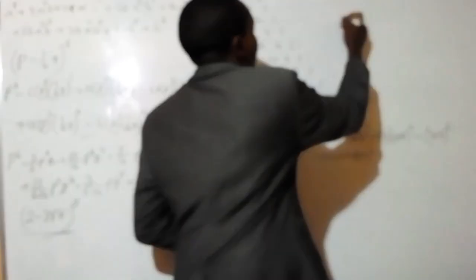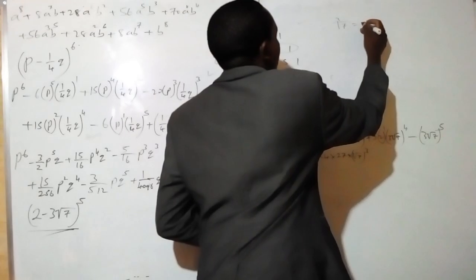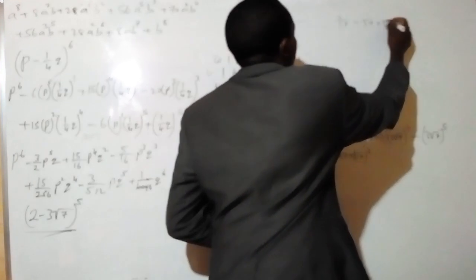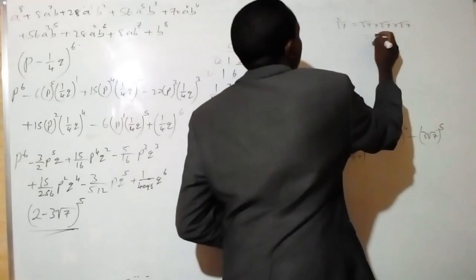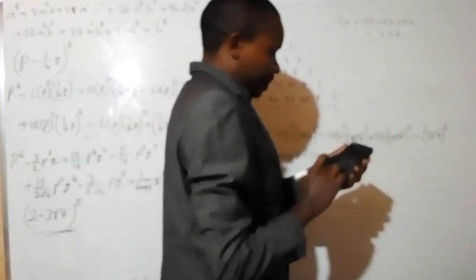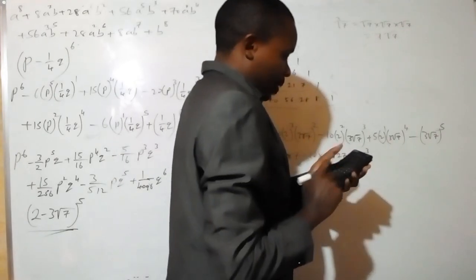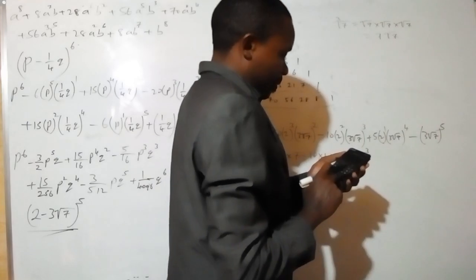Root 7 cubed is the same as root 7 times root 7 times root 7. Root 7 times root 7 is 7. 7 root 7 is it. Let me confirm. Root 7, then 7 times root 7.